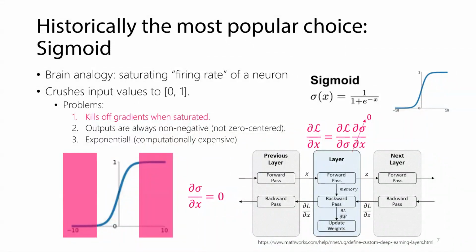Now, if you have a gradient of zero at the sigmoid node, remember the computational graph that we've been talking about and the backpropagation process? The sigmoid node will almost always have a local derivative of zero, which means no matter what gets passed from the upstream gradient, because we're multiplying by zero, no matter what, it's going to spit out zero during the backpropagation process.